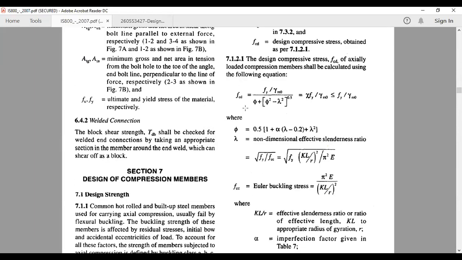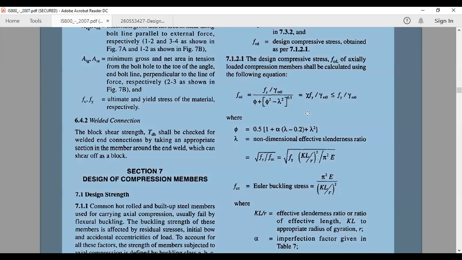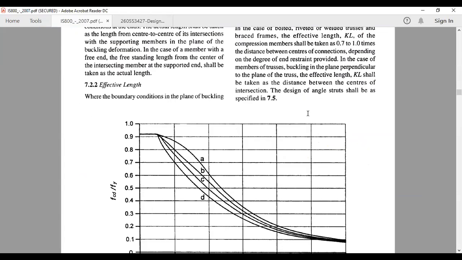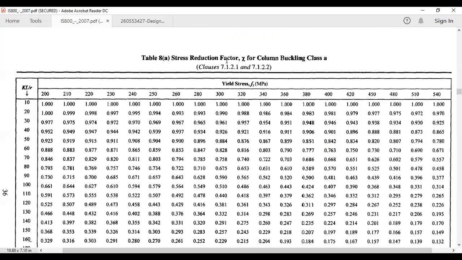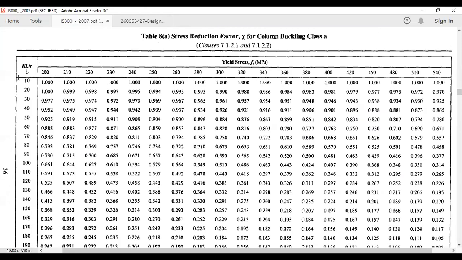We can get this FCD or this stress reduction factor chi from those tables, table number 8 and 9. So here is one table. This is table number 8, in which the stress reduction factor has been given. You have the KL by r, the slenderness ratio, the critical slenderness ratio, that is r minimum. Based on that, this slenderness ratio has been expressed here, KL by r.